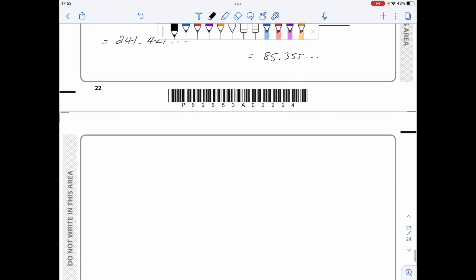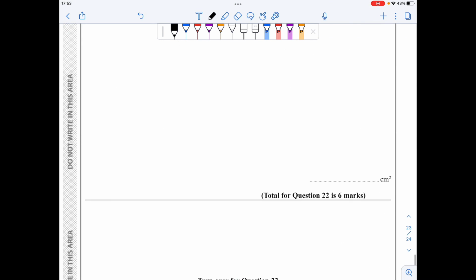So the total area is equal to the sum of these two numbers, 241.421 plus 85.355, and this comes out to be 327 centimeters squared to the nearest integer.